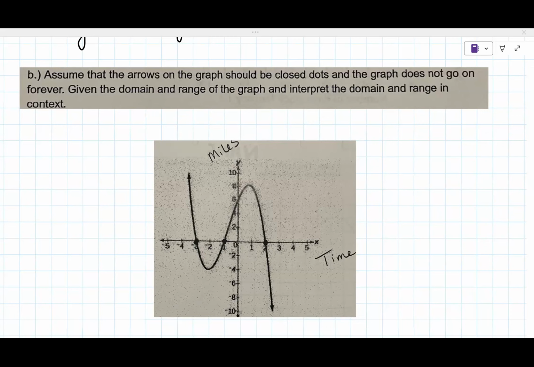Assume that the arrows on the graph should be closed dots and the graph does not go on forever. Give the domain and range of the graph and interpret the domain and range in context.